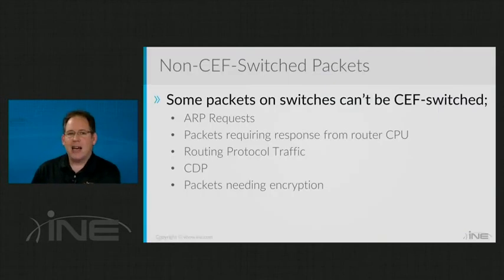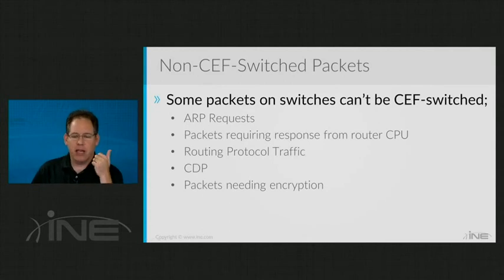And there's just some packet types that can't be CEF switched because of their very nature. ARP requests. Certainly if the switch itself needs to create an ARP request, that can't be CEF switched. The processor has to be involved in the creation of an ARP request so it can see the ARP reply that comes back. Packets that naturally require a response from the router's CPU.